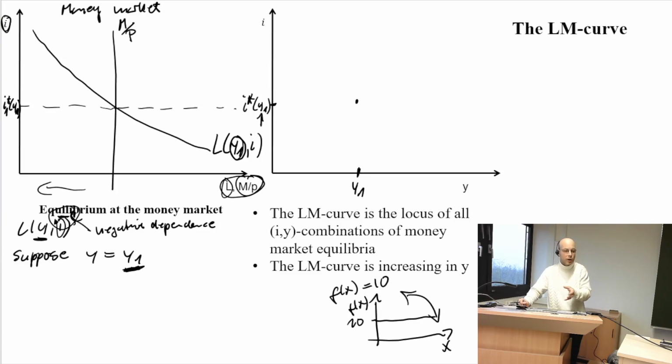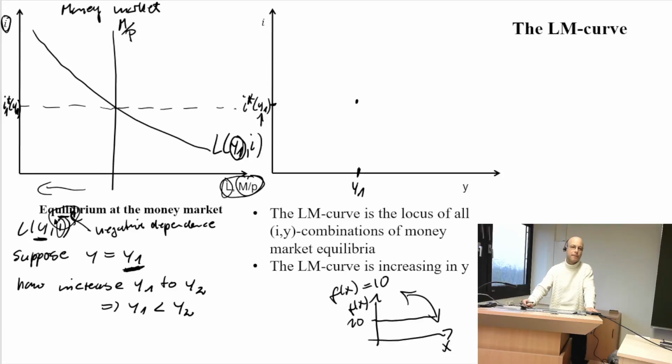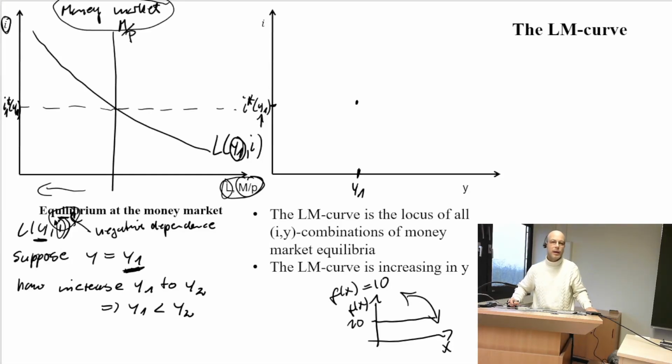Well, and now we go on as in the commodity market. Now increase y1 to y2. So y1 is smaller than y2. Again, where in our first diagram in the money market does income enter?